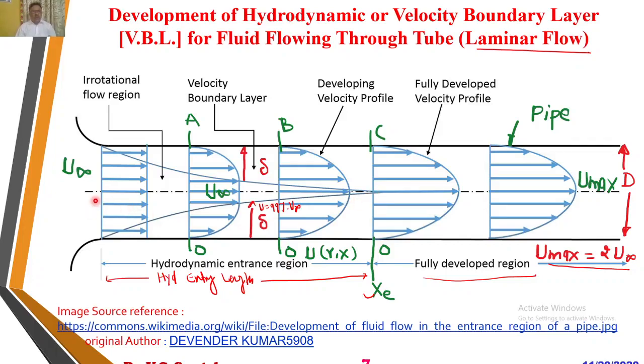So the region from the inlet of the pipe to the point at which the velocity boundary layer grow and meet at the center line of the pipe is called as hydrodynamic entrance region, and the length of this region is called as hydrodynamic entry length.